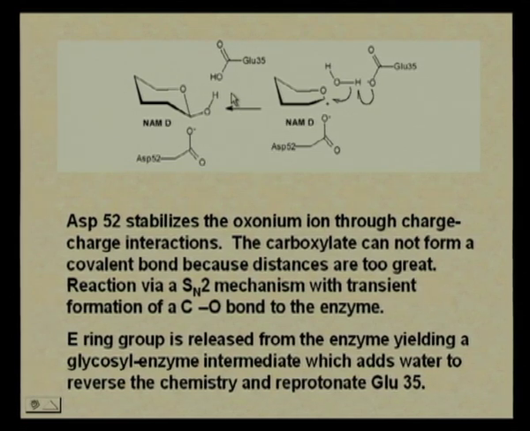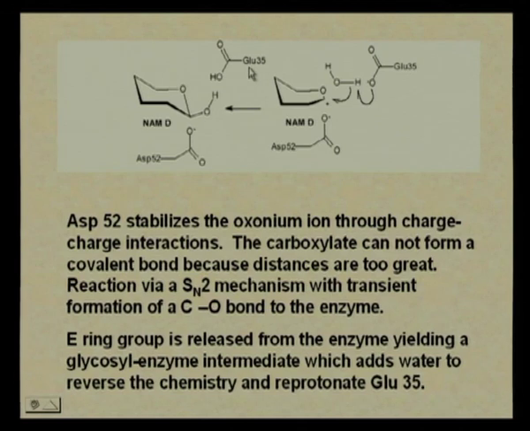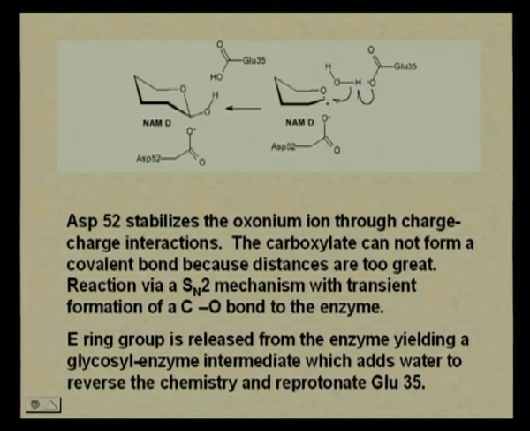We have a cleaved glycosidic linkage. And what do we have back? We have our glutamic acid back to the OH form. So, now what can it do? It can go cleave another NAM-NAG set. Okay. So, this is basically the way the catalysis would work.